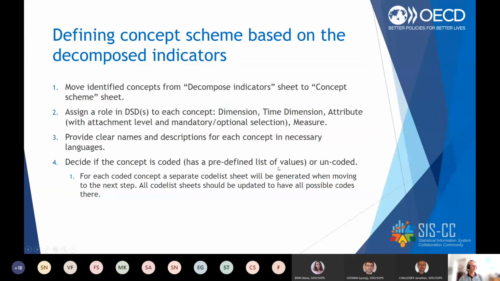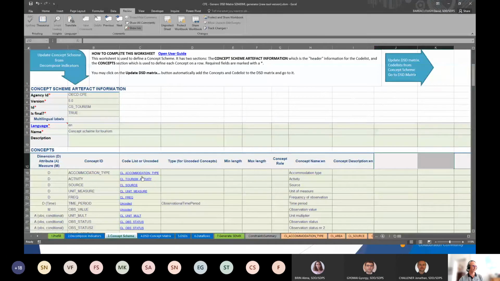Yes, if you decide the concept is coded, I've just described that. If you say that it's a coded concept, which you do by putting CL and then whichever code you want to give it, when you click on this button here, it will generate a code list worksheet like these for all of the code lists that you've identified.